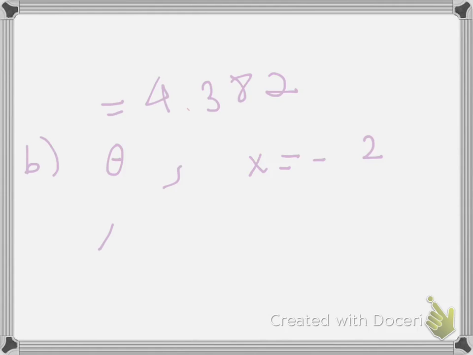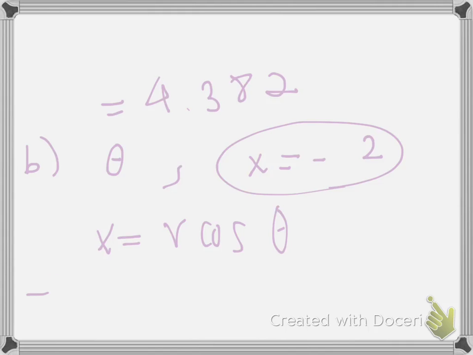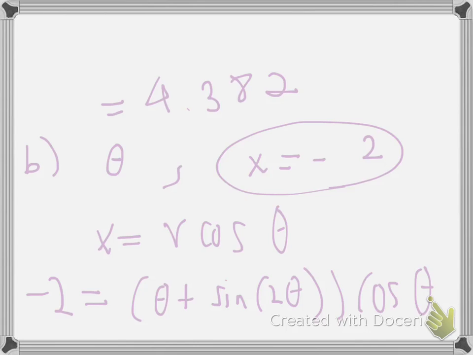So we know that x equals r cosine theta, and we learned that in pre-calc honors like last year. All we had to do is simply just plug in what we know. So we know that x equals -2, so we can just plug that in right here, and then we know that r equals theta plus sine 2 theta, and then multiply that by cosine theta.